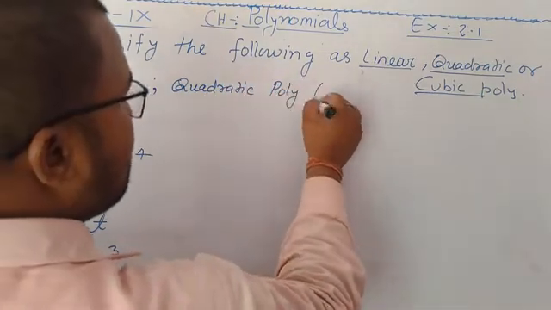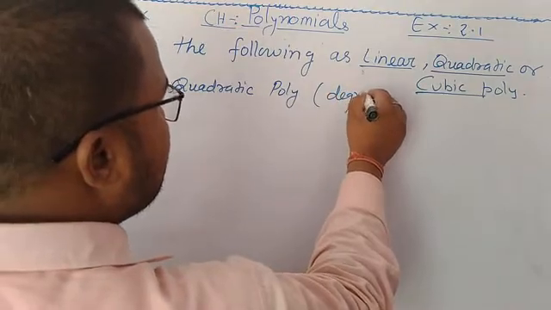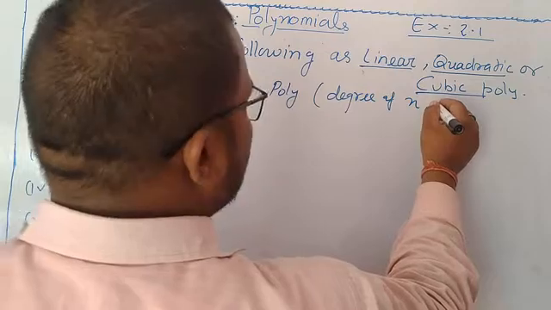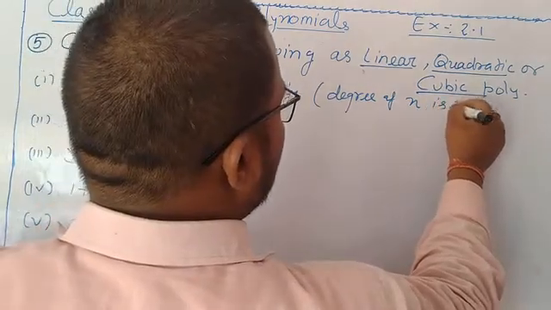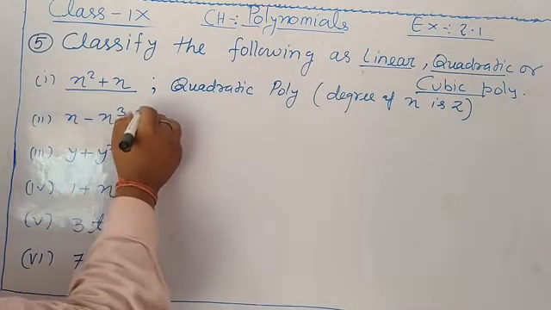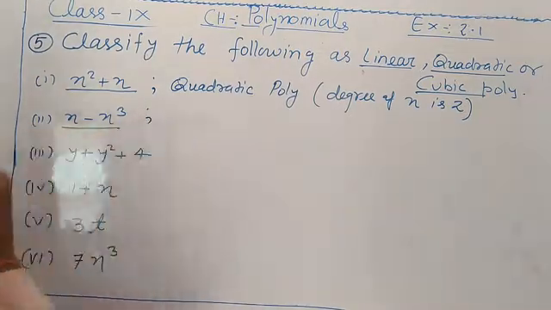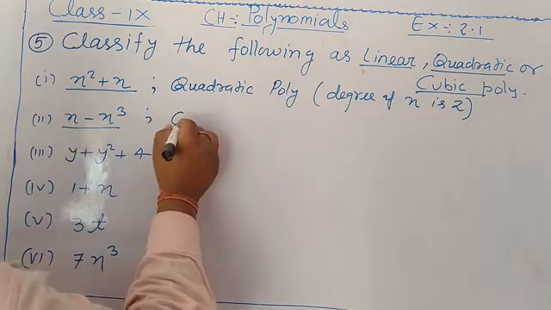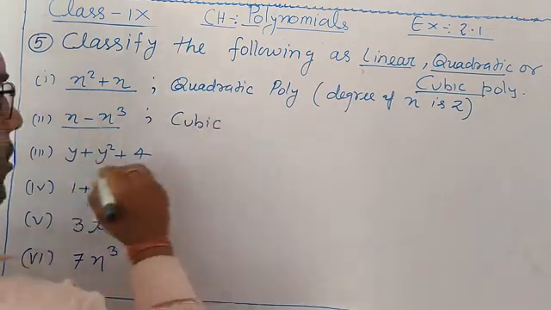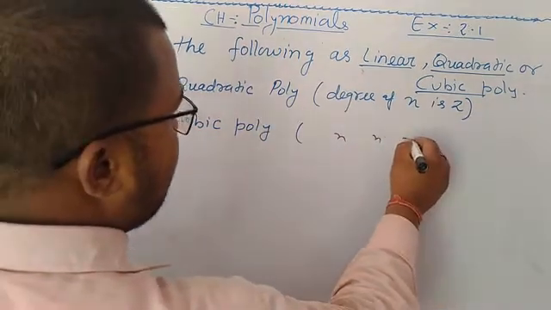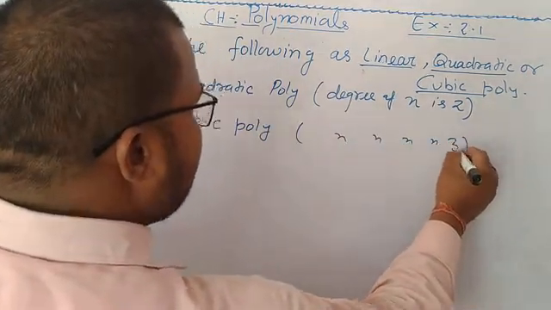polynomial because the degree of x is 2. Next question, student. The maximum degree of the variable is 3. This is a cubic polynomial, and the degree of x is 3.